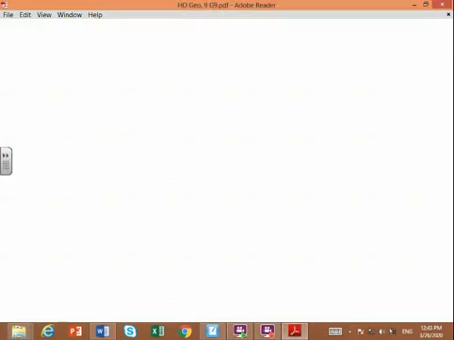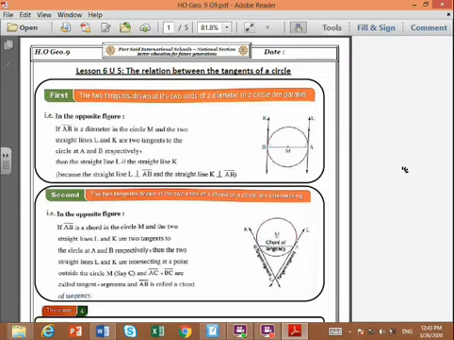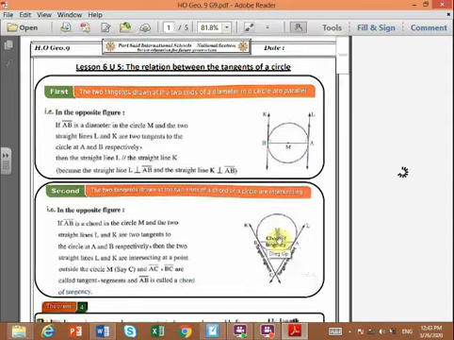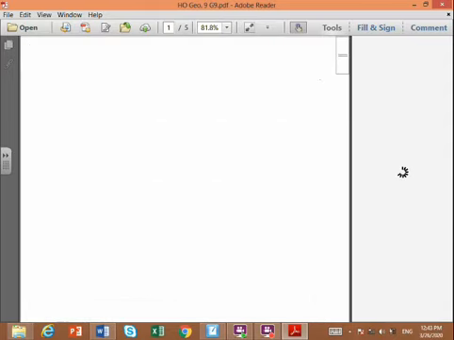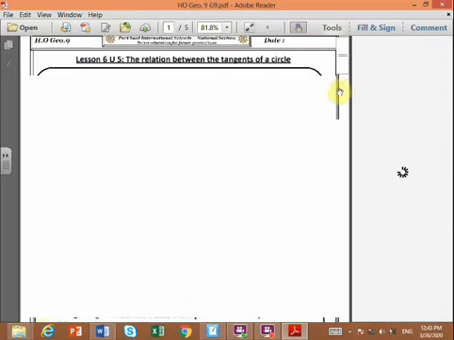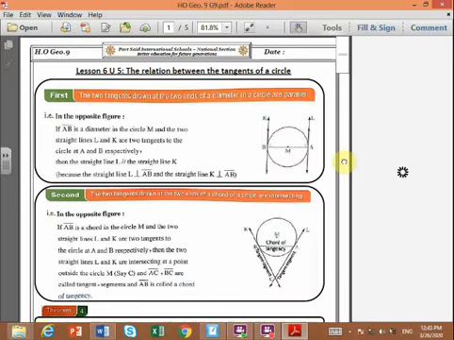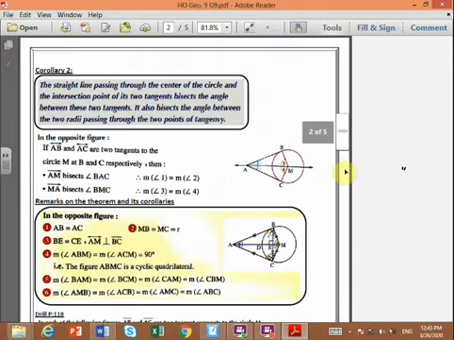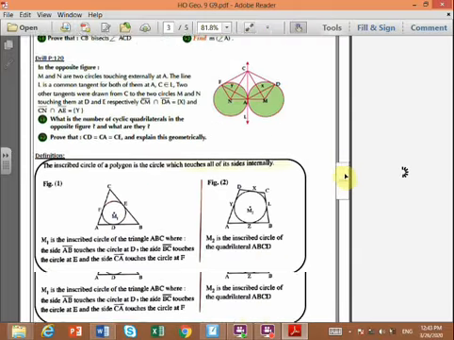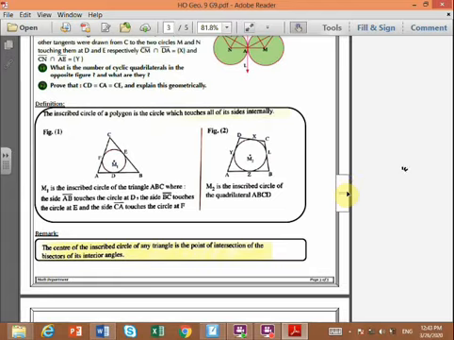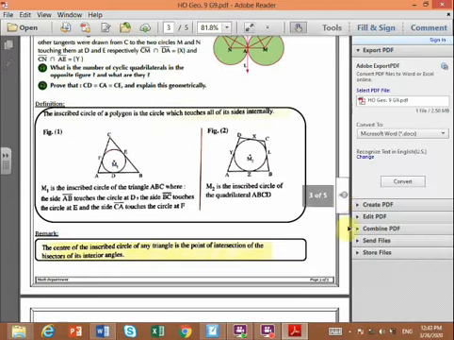Okay, there is a part here. I don't know why it's moving like this. Okay, just a minute to get the page.